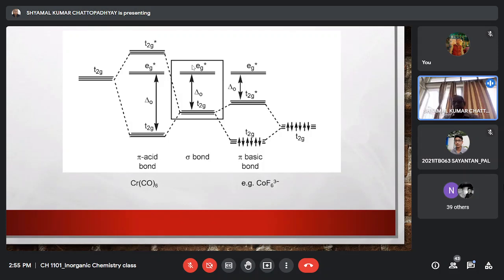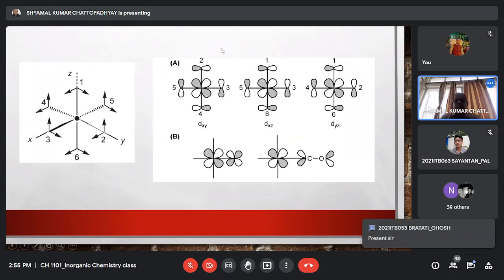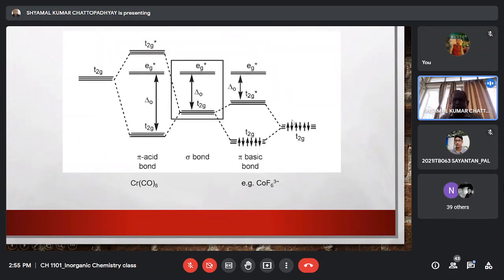Now I have told you there are two cases. One is the first case where the ligand is a pi donor, right? The ligand is both sigma basic and pi basic. So when the ligand is a pi donor, that means the ligand contains pi electrons also, in T2g orbitals. And these T2g orbitals are vacant, fully vacant or partially vacant.